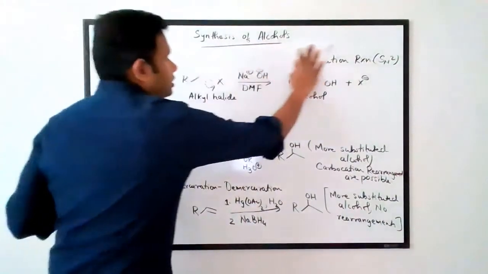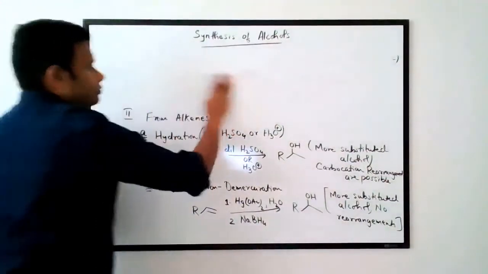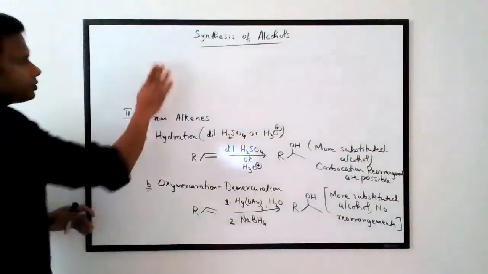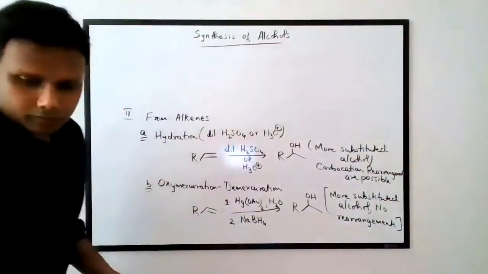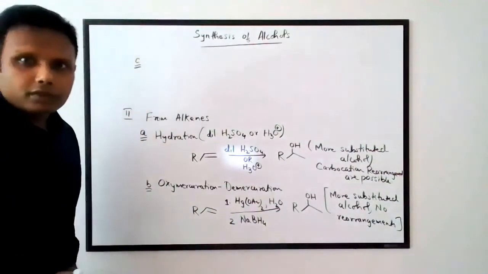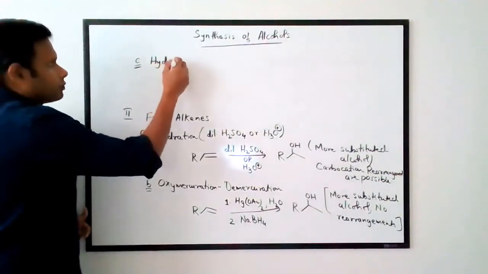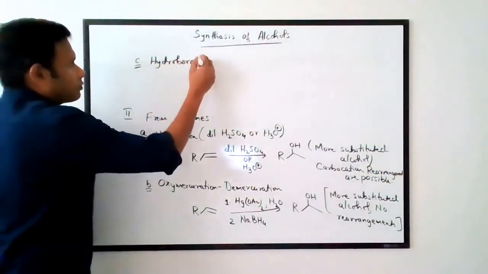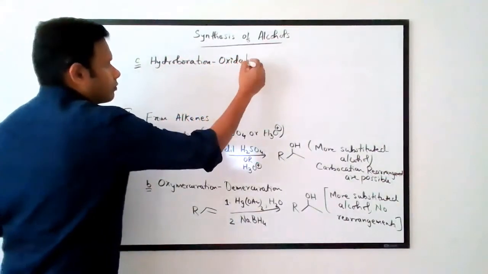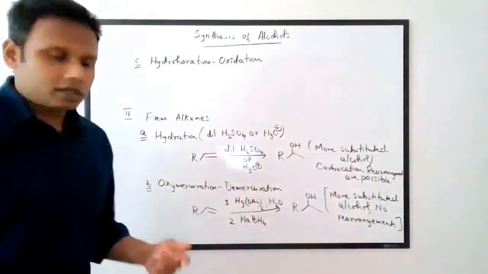There's a third possibility, a third reaction starting from an alkene that can be used. Starting from an alkene, we can do a hydroboration-oxidation. This reaction is also done in two steps.